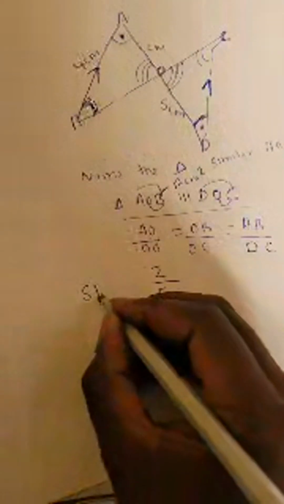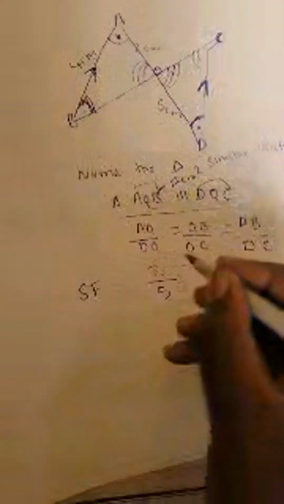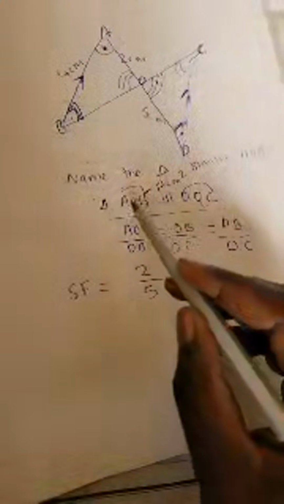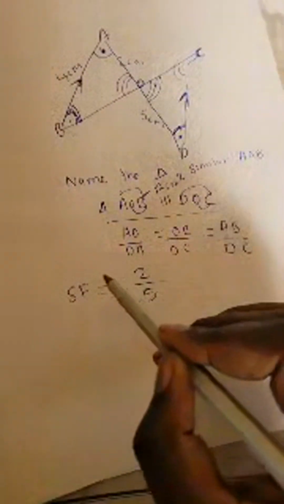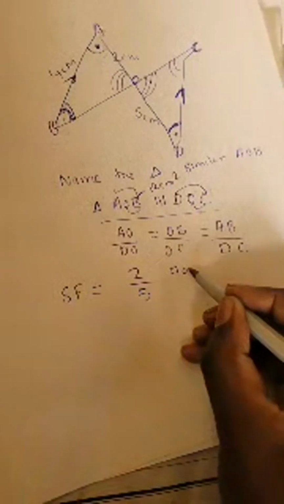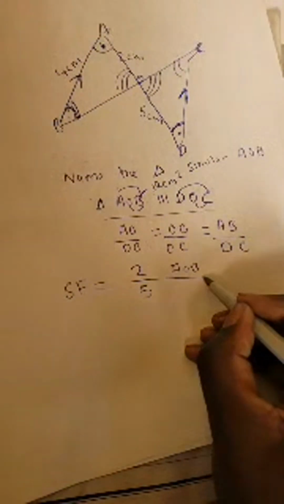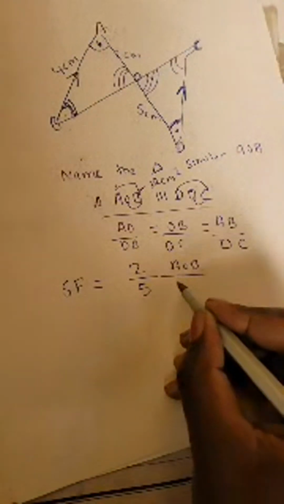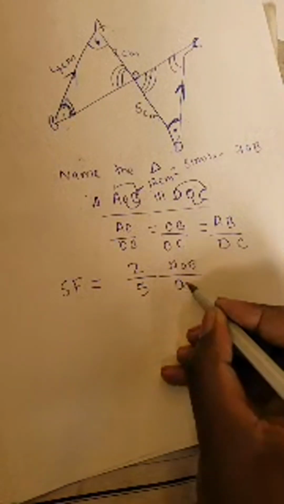So our scale factor is equal to 2 over 5. Triangle AOB is represented by 2, and the other triangle, DOC, is represented by 5.